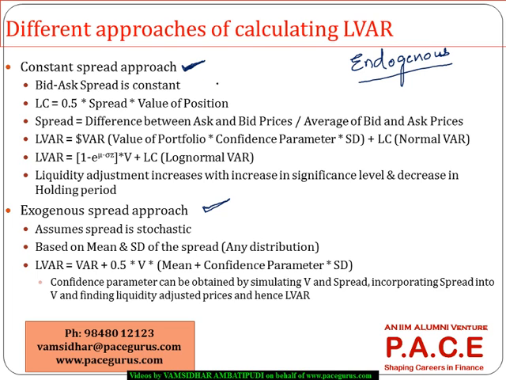So when I am assuming a constant spread, this model assumes that the bid ask spread is constant. From that mechanism, if I have to compute the liquidity cost, I take half of the spread and multiply it with the value of the position.